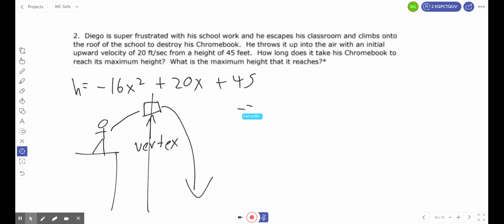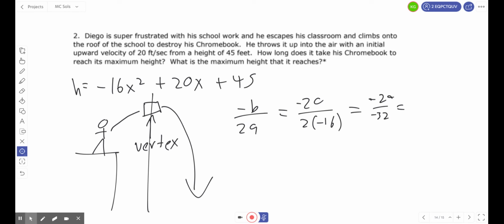So we can use negative b divided by 2a, which in this case is negative 20 divided by 2 times negative 16, which is negative 20 over negative 32.